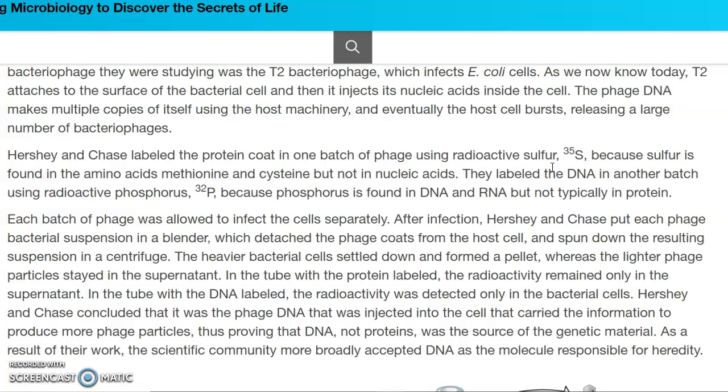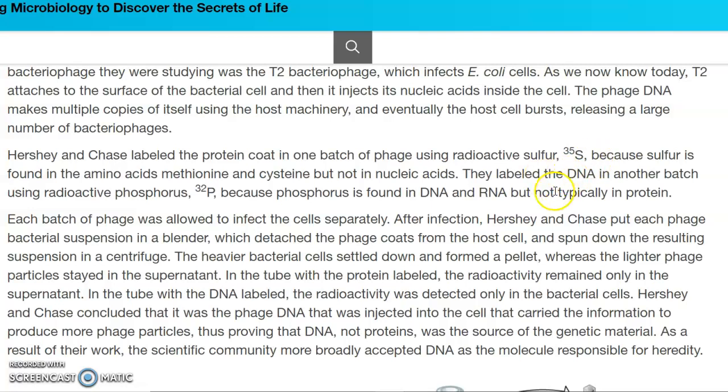And so they got some E. coli cells and they put them in separate environments, and they allowed each batch of the phage to infect the cells separately. Okay. And so then, after infection had occurred, they took each batch into a blender and then spun it down in a centrifuge.